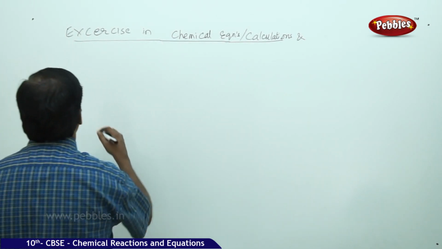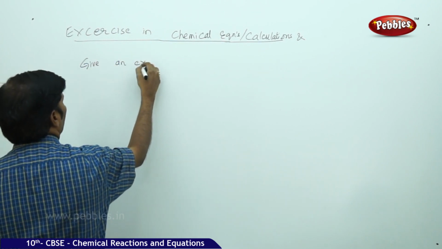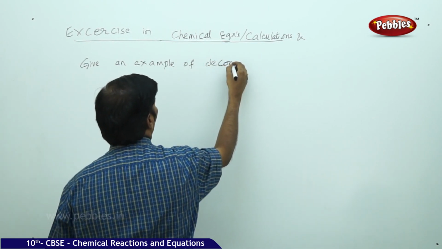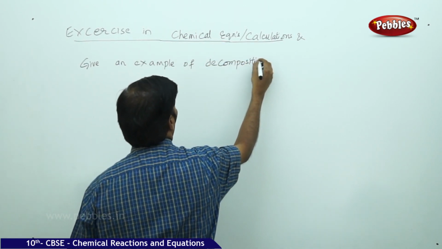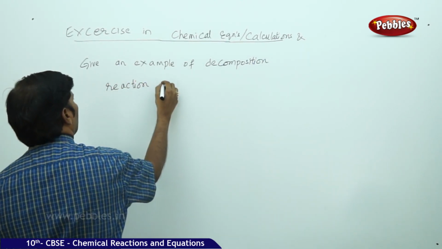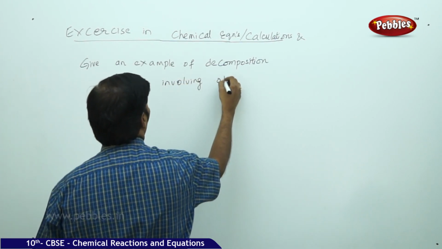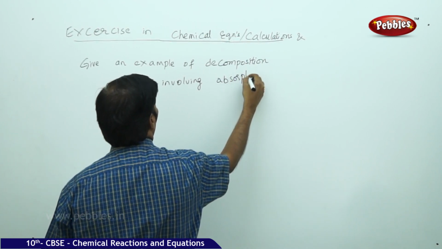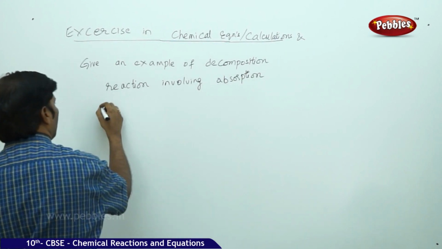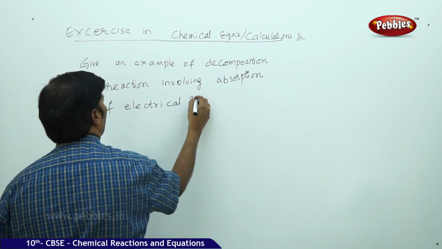So the next part of the question is, give an example of a decomposition reaction involving absorption of electrical energy.